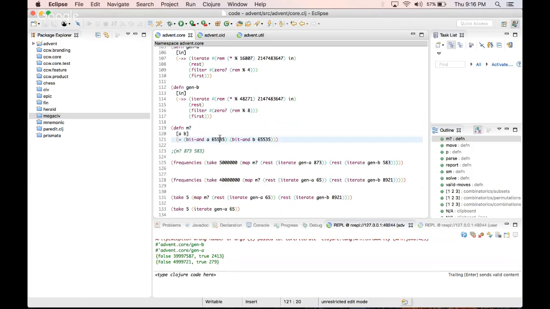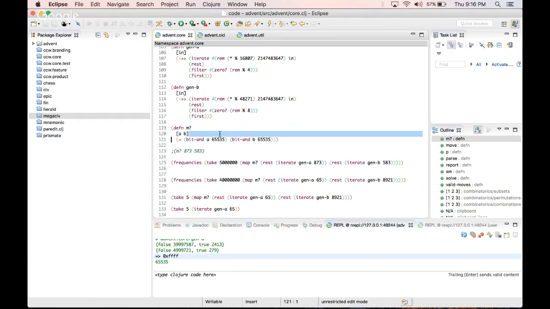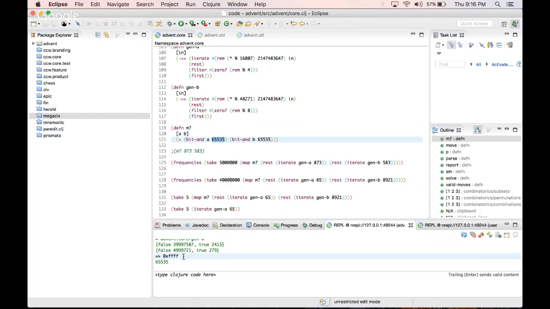If you want to take the lowest 16 bits from a number, then you need to bit-and it with hex FFFF, which is this here. And then what did I do? Oh yeah, and so instead of having the REPL give it to me this way, I asked the REPL to give it to me this way.